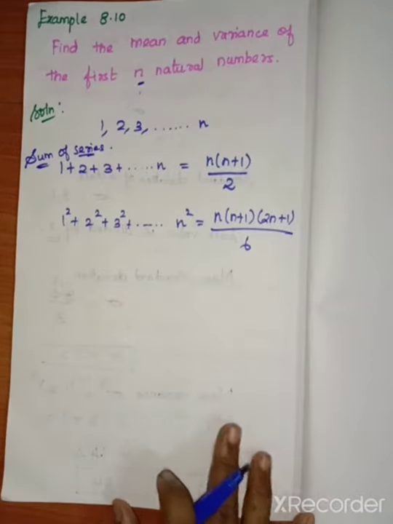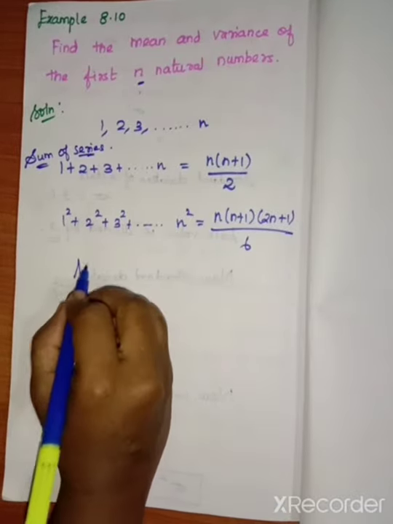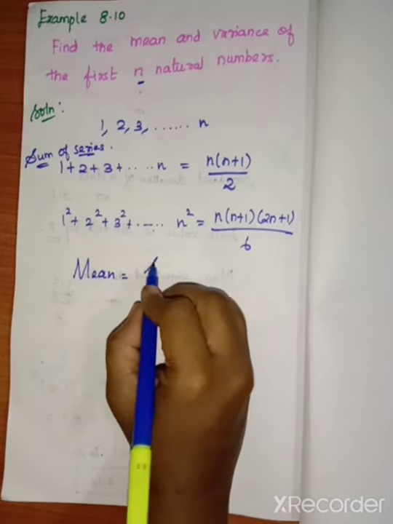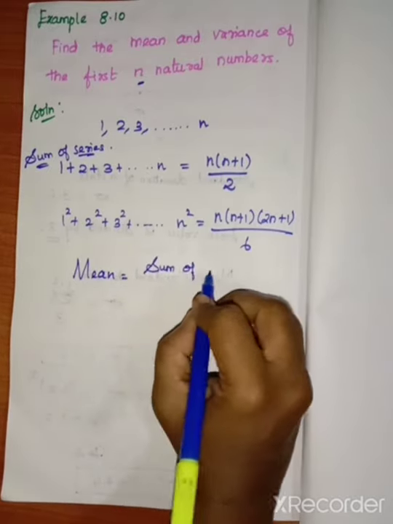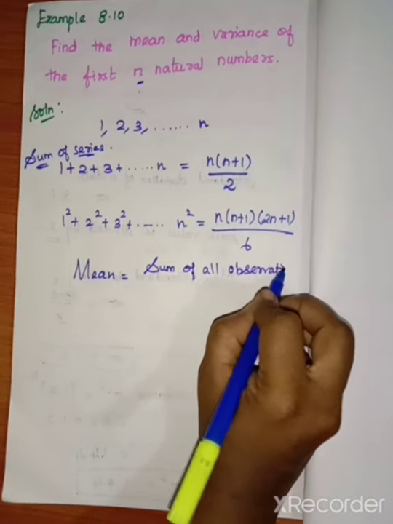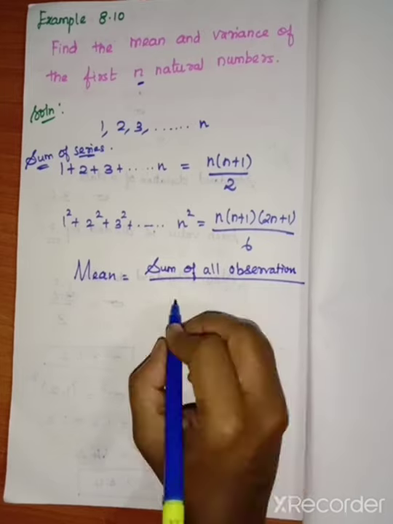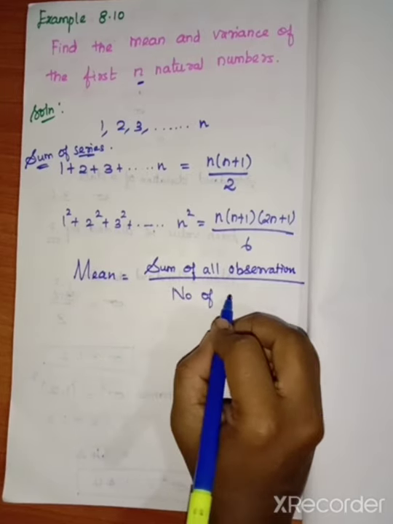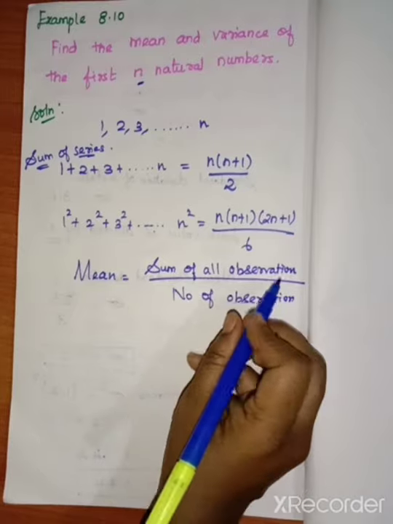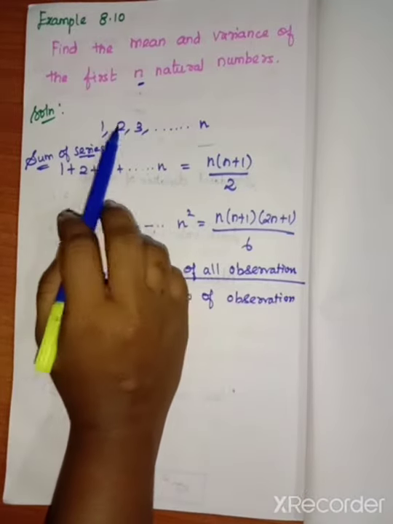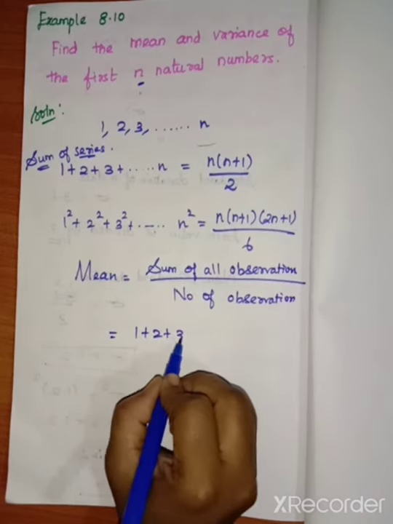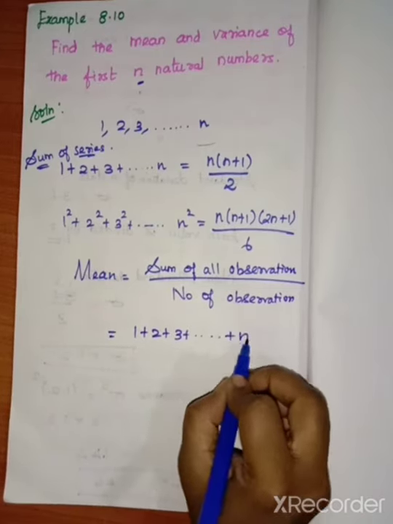Now we want to find the mean first. The formula for mean is the sum of all observations divided by the number of observations. The sum of all observations here, since these are the natural numbers, we want to add 1 plus 2 plus 3 plus etc. up to n.